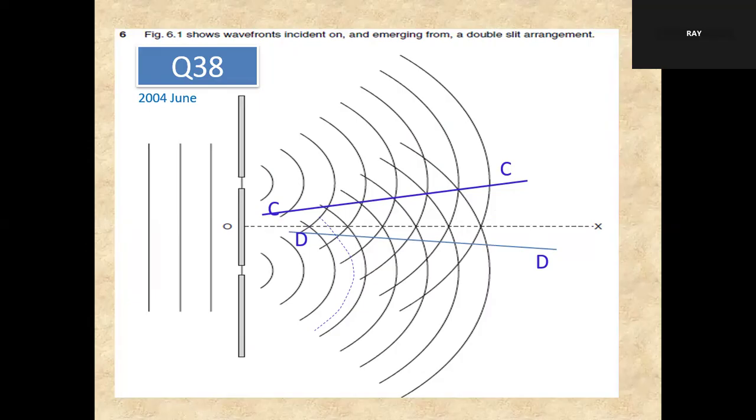Wait, teacher, isn't D supposed to be lower? D is supposed to be a line where the destructive, the minimum meets the minimum. Here also minimum meets minimum, so this is a line.